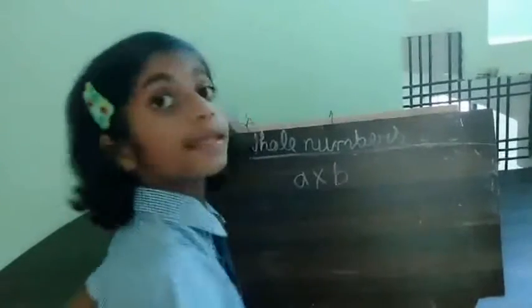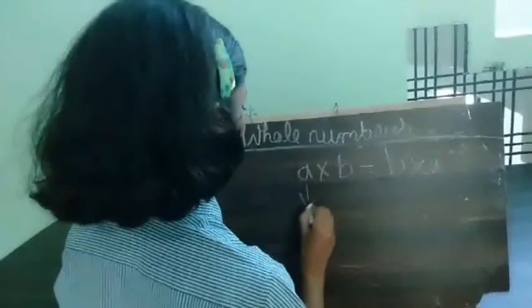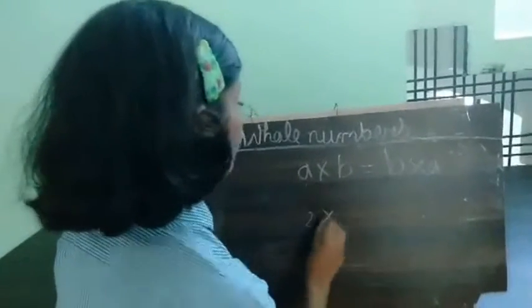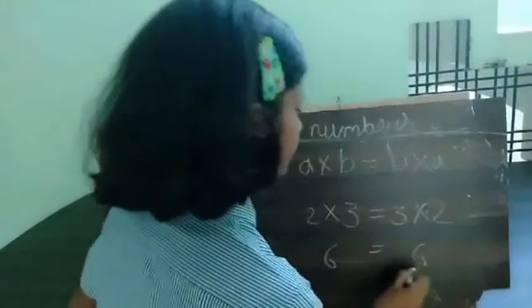If A and B are two whole numbers, then A into B is equal to B into A. By number, suppose the value of A is 2 and the value of B is 3. 2 into 3 equals 6, and 3 into 2 equals 6.